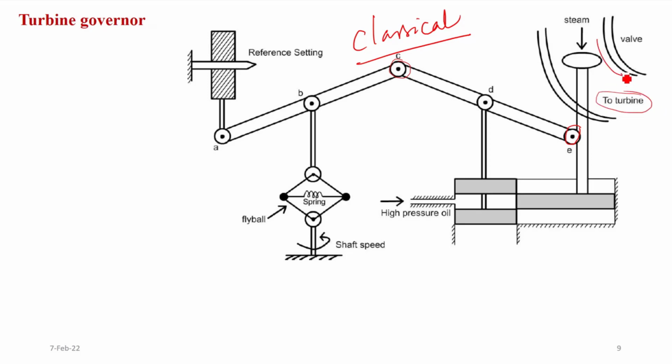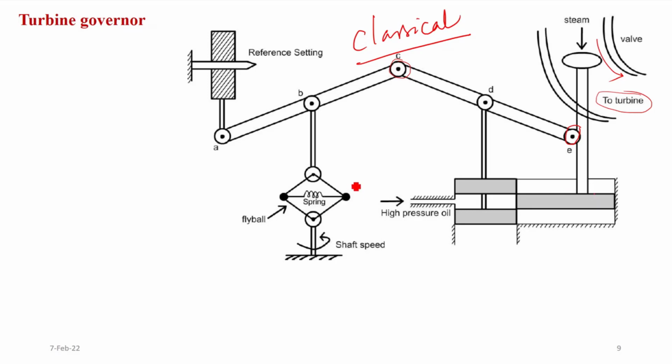This is the flow of steam. This is the valve, this is the main piston, and these are the auxiliary pistons. These auxiliary pistons in fact help in passing the high pressure oil to the main piston for its control. Now how it will control, we'll see.